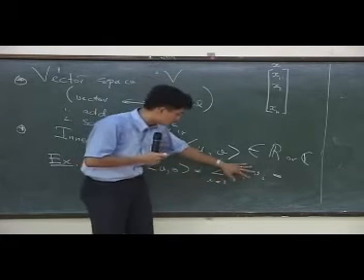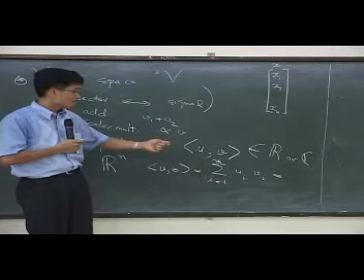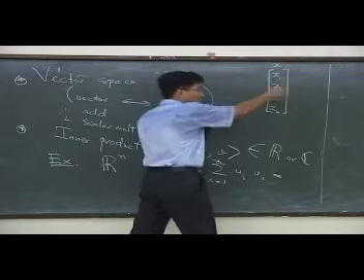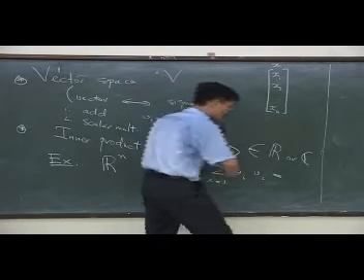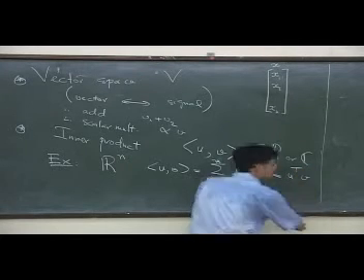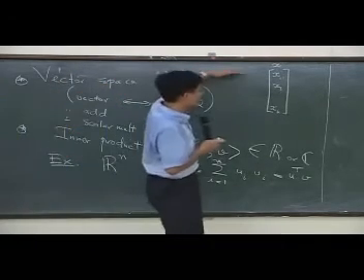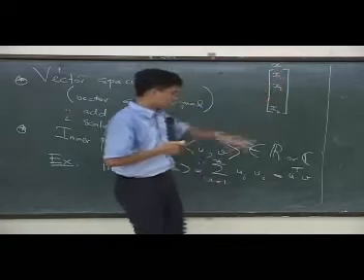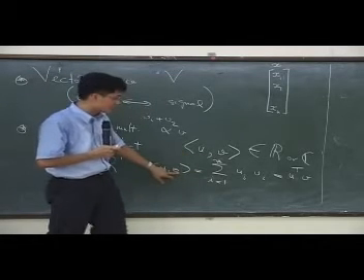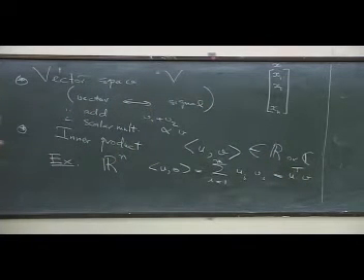I can write this in a more compact form: I take one vector transposed and multiply with another vector, so it is U transpose times V. Is that okay with you? That is in the real form.